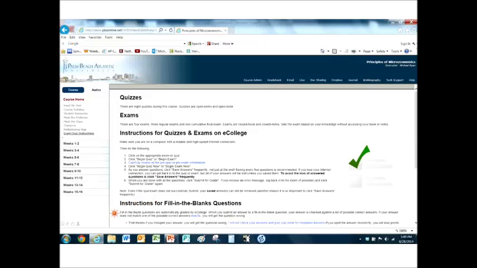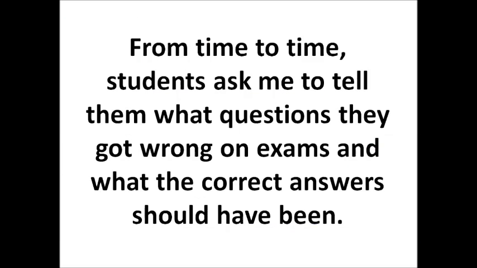And I made these instructions so that I don't have to go through everybody's quizzes and find out why they got a question wrong. Okay, moving on. So please read the exam instructions. In fact, you may want to print them up and have them next to you while you're taking the quiz or while you're taking an exam so that you follow the instructions. All right, moving on here.